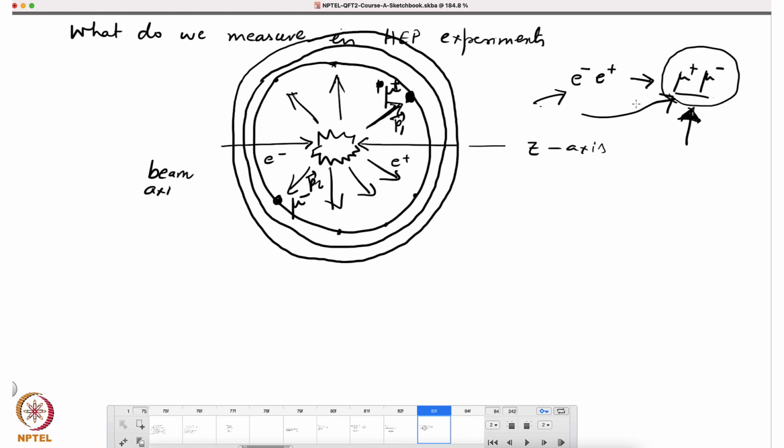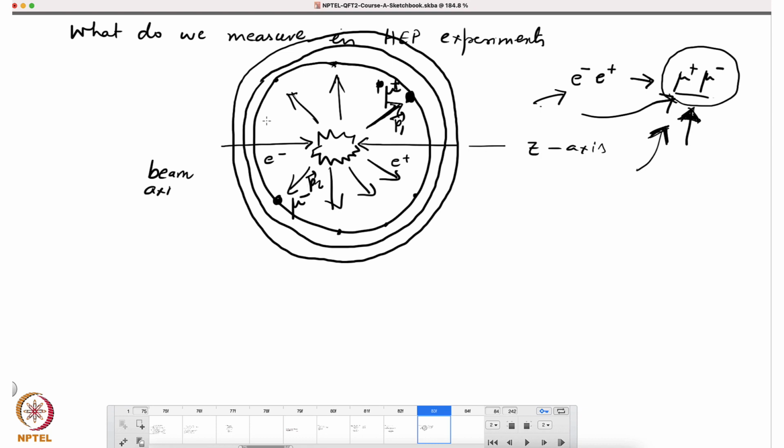And the other way around, having found the outcomes in the experiment, one could also infer the kind of interactions that the interacting particles are experiencing, and of course what the outgoing final state particles are experiencing. So there is a lot of information to be gained by doing such collision experiments and looking at the final states.